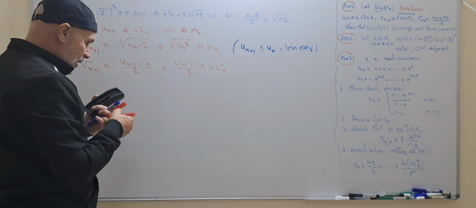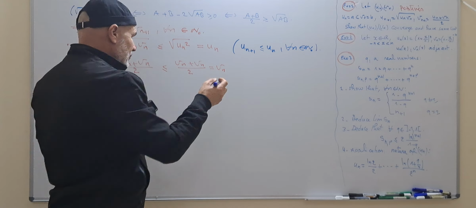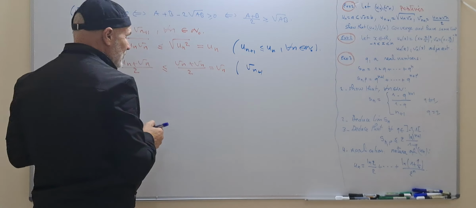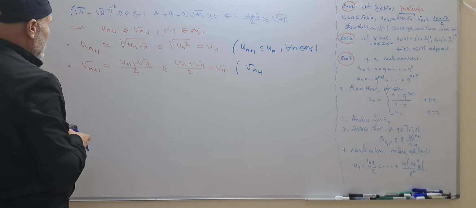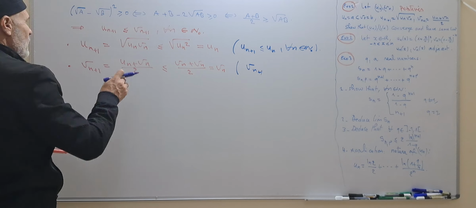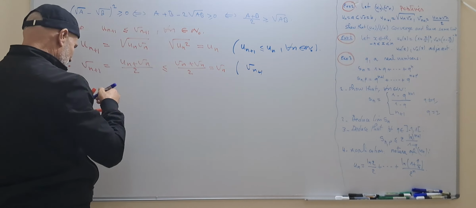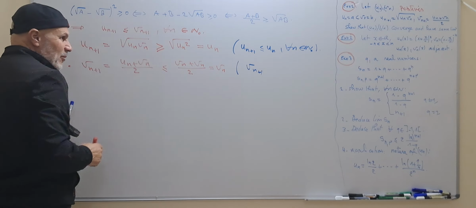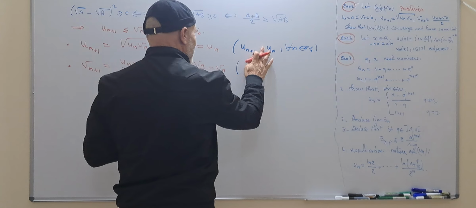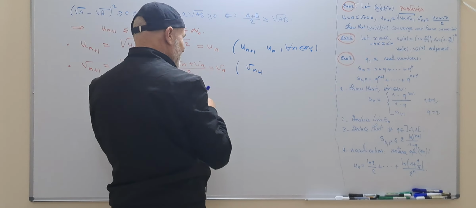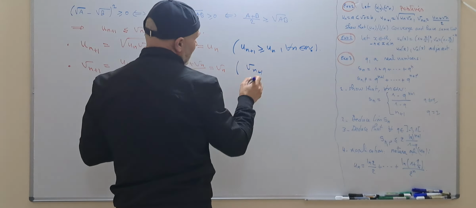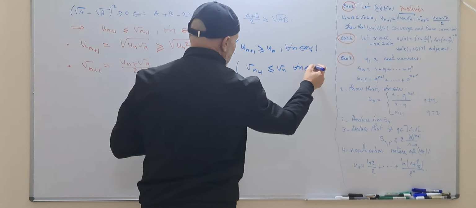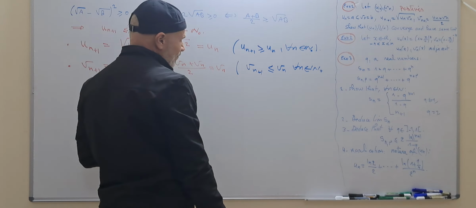And this means that vn plus 1 is less than or equal to vn for all n in N.